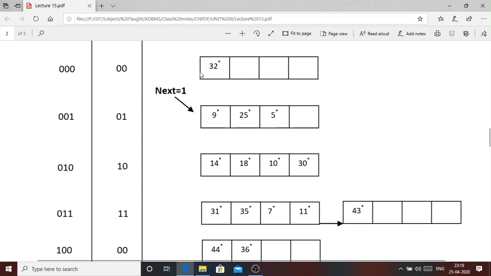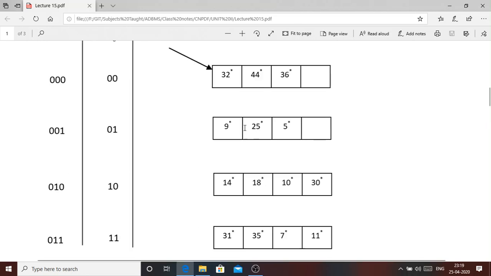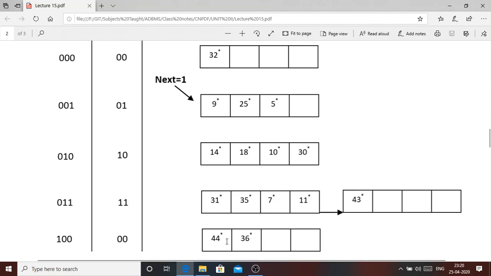That bucket got split. 32 remains there, because for 32 the third bit is also 0, right? Earlier we considered the last two least significant bits. Now 000 will have this 32 value, because the third bit, the last bit, is 0, whereas 44 and 36 are inserted into a new page.